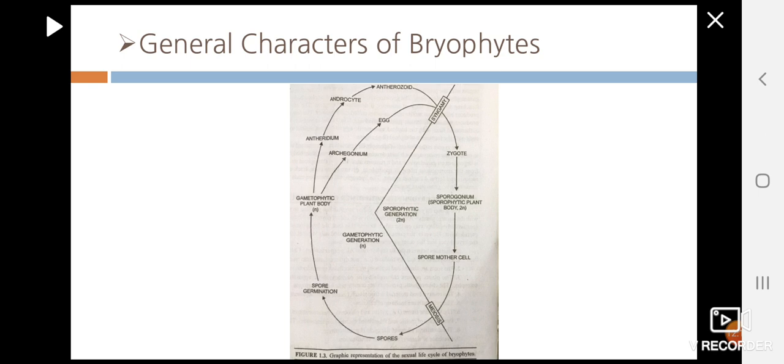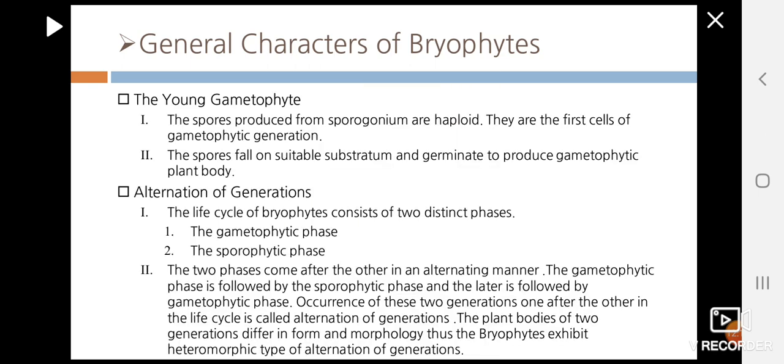In this way, you have noticed that the two phases come one after the other in an alternating manner. The gametophytic phase is followed by a sporophytic phase, and that is followed by the gametophytic phase. So the occurrence of these two generations, one after the other, in the life cycle is called alternation of generations.